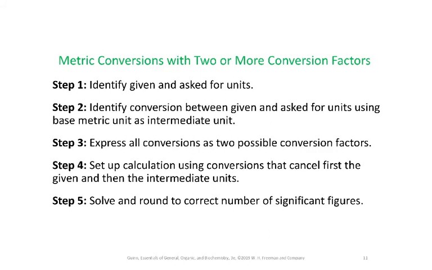Okay, how about another example here with 2 or more conversion factors. So we're going to be talking about stringing multiple conversion factors together, or a multi-step conversion. So the steps are fairly similar. Identify given and asked for units, and then identify the conversions between given and asked for units using the base metric unit as an intermediate.